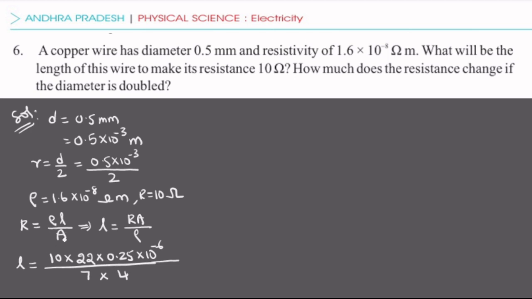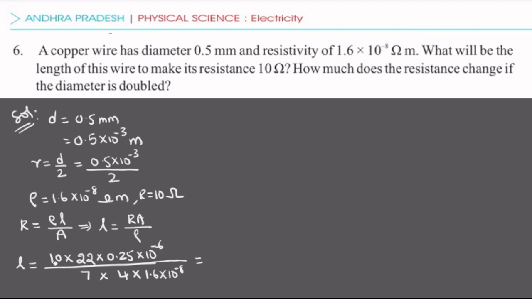rho L by A. This is the pi r square value, and also the specific resistance, the resistivity, is here. So the resistivity value, rho, is equal to 1.6 into 10 to the power of minus 8. Now we have to solve this.